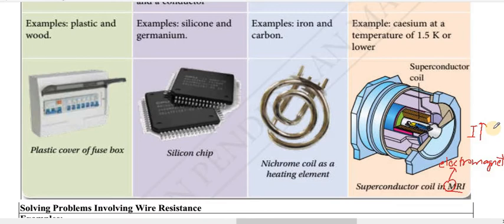Why? Because when it becomes a superconductor, the resistance is zero. If the resistance is zero, that means the charge does not need to do work to overcome any resistance. No work done.